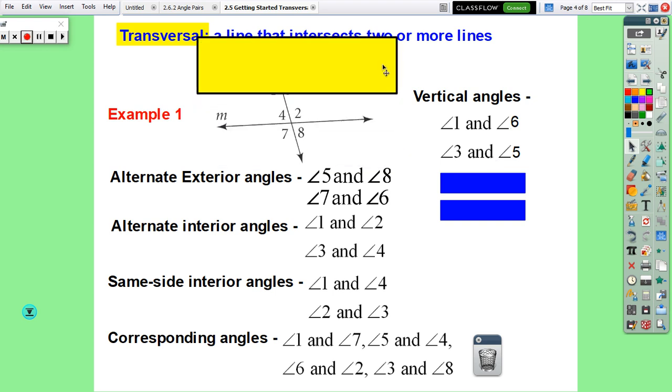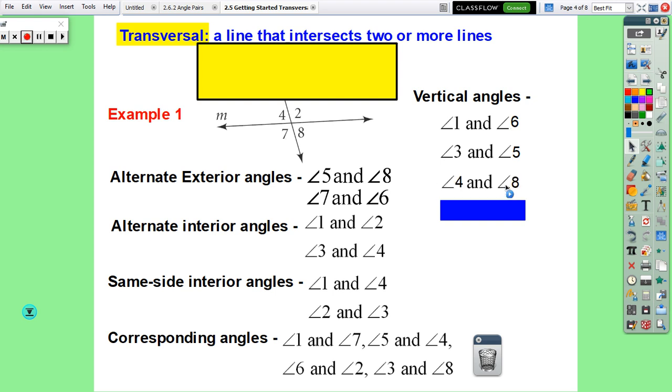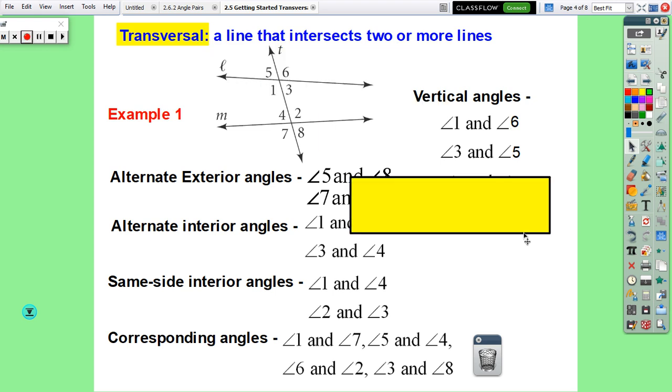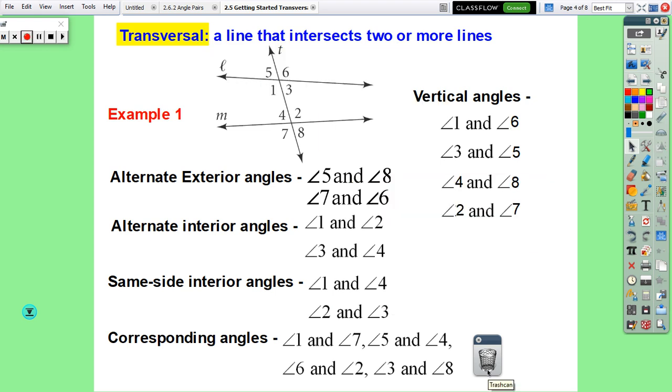And then if we were to slide this one up, because remember your vertical angles come from two intersecting lines and they have to be non-adjacent, so they can't be touching each other. So you would have 4 and 8 and 2 and 7. Okay, so those are all the different kinds of relationships you would have from two lines being cut by a transversal.